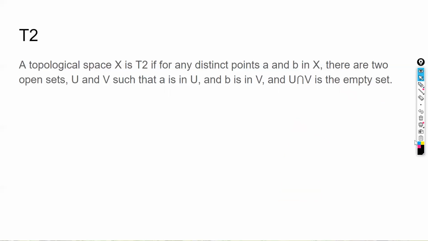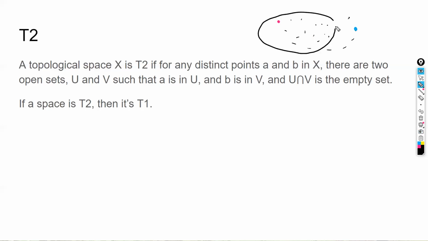In the previous example, we could have had a bunch of points in our set, and we could have had open sets. Let's say I want to distinguish this point and this point. My open sets, which I chose to distinguish those points, could have been this one and this one, say, because this set contains the blue point but not the pink point, and this set contains the pink point but not the blue point.